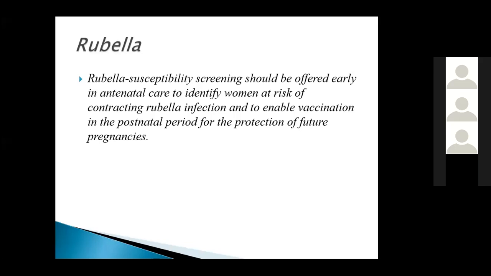So after delivery, we will give this patient the vaccine against rubella. But during pregnancy, if she is rubella negative, we will tell her about all precautionary methods, that if she starts to develop any viral fever or rashes, what sort of precautions she has to take. So this is the significance of this test.